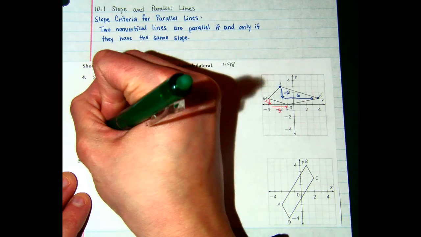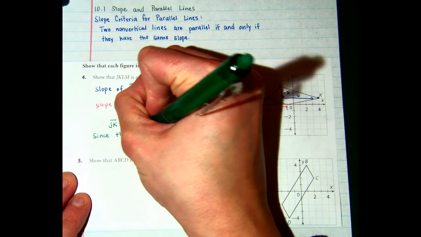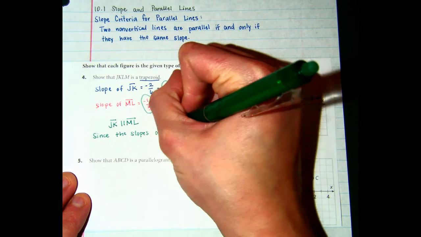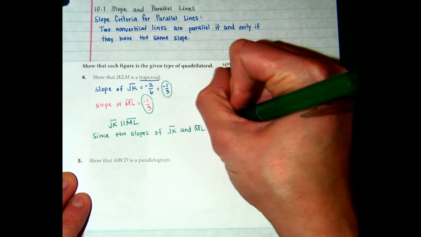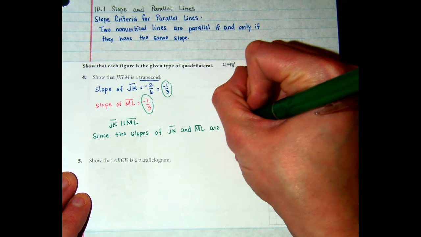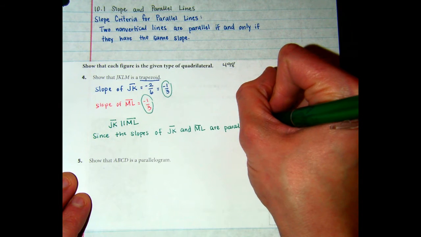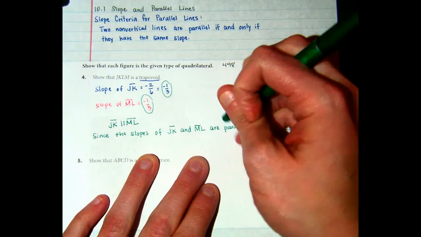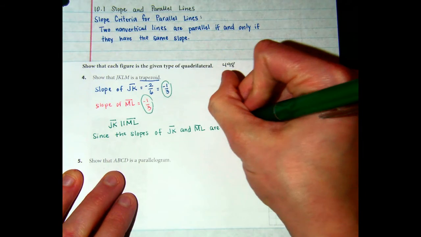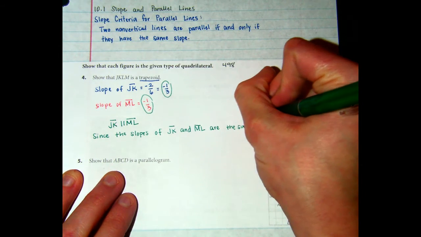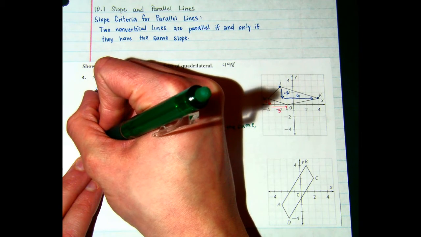Since the slopes of JK and ML are the same, that means that segments JK and LM are parallel.